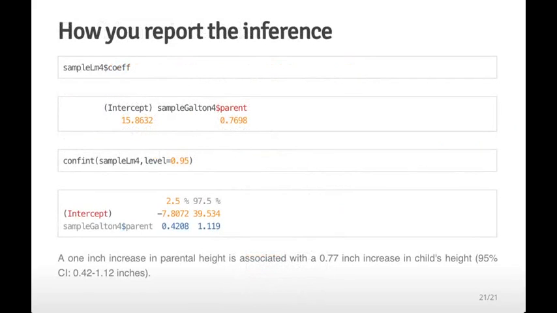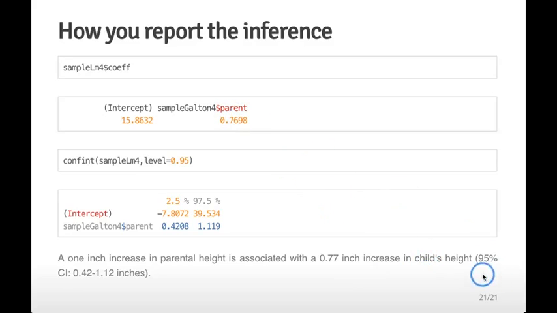So here's how you would report this in an analysis. In an analysis, you would have the estimates that you get for the intercept and for the slope, and then you would also have confidence intervals for those values. And so what you might say is something like this. A 1-inch increase in parental height is associated with a 0.77 inch increase in the child's height. That 0.77 comes from our estimate of the slope.